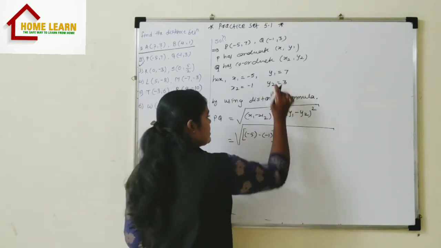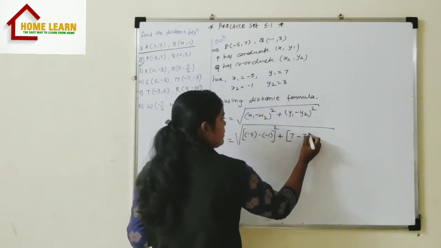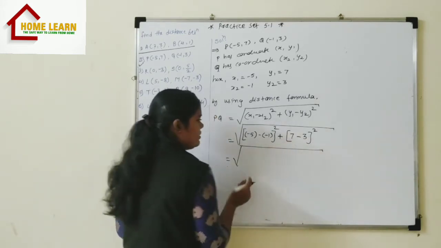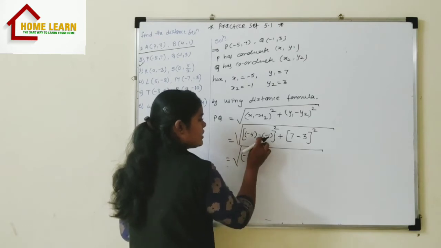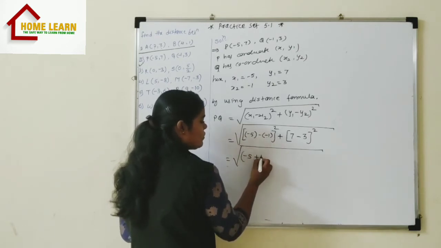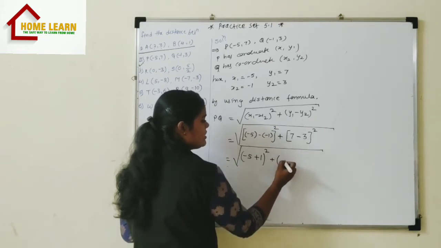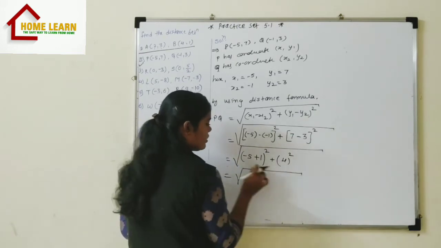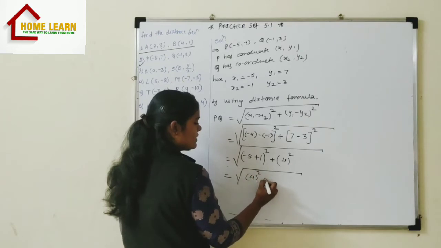Now y1 is 7, so 7 minus y2, which is 3, squared. After solving this bracket, keep the negative 5 as it is, minus minus gives positive 1, squared, and 7 minus 3 is 4, squared. Now solve: minus 5 plus 1 is minus 4, so 4 squared plus 4 squared.